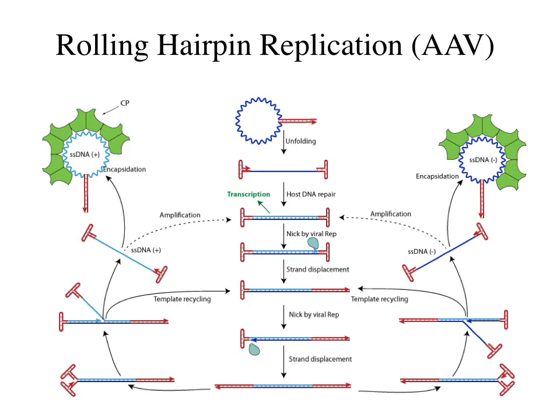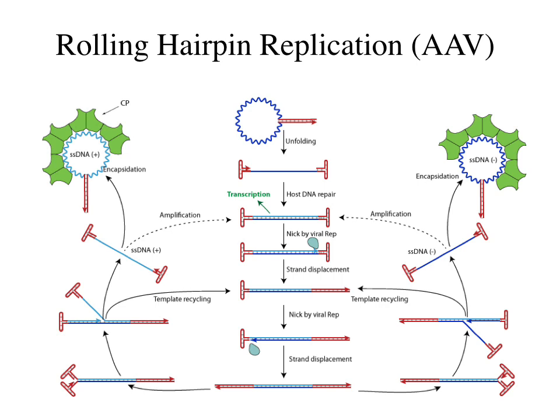Rolling hairpin replicating genomes are single-strand DNA with terminal hairpin structures. Upon infection, the 3' hairpin serves as primer for host repair enzymes to convert viral ssDNA into double-stranded DNA that's used for both transcription and replication.